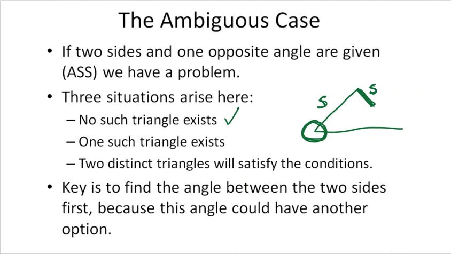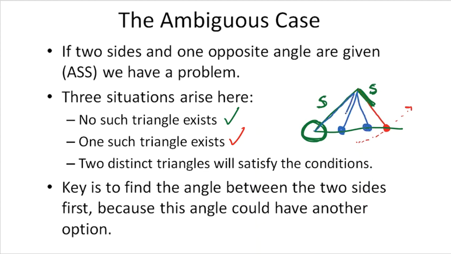The second scenario is that the second side is the perfect length to create one and only one triangle. Swing it too far this way, can't make a triangle. Swing it too far this way, can't make a triangle. But swing it just perfectly right to here, you will get one triangle. But there's another scenario where this second side is a really cool length, where you could swing it in to create a triangle, or you could swing it out to create a second triangle.